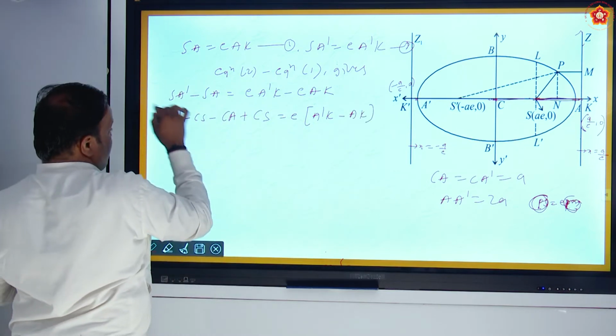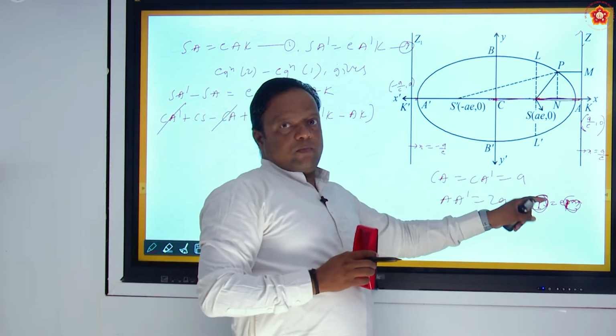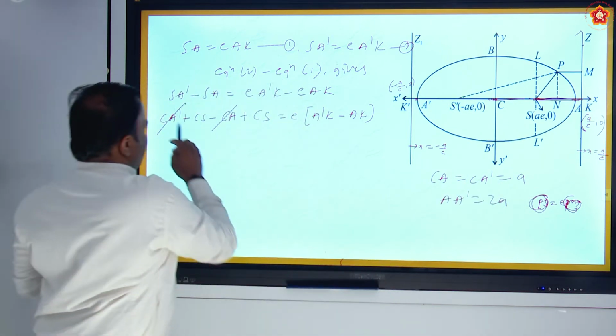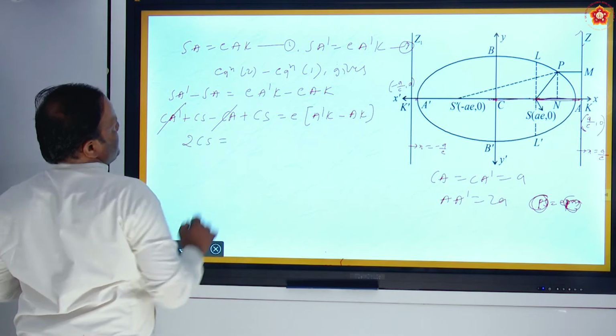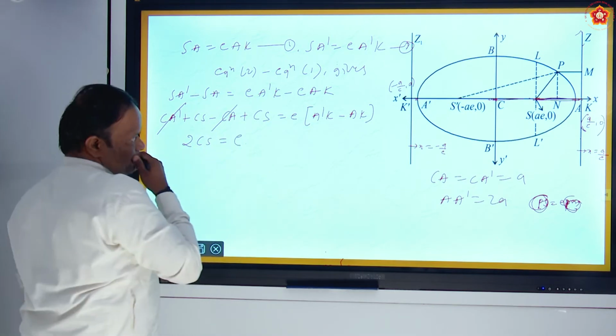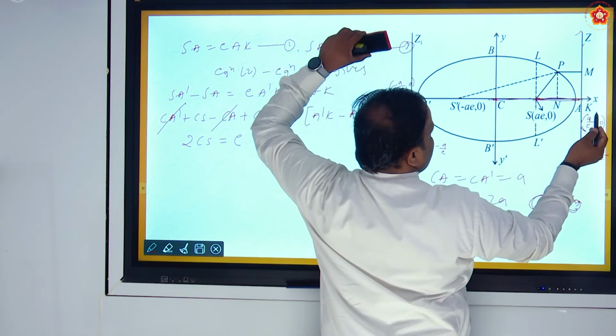Once again, CA dash and CA get cancelled because both are the same, equal to A. Suppose you write A here, plus A minus A get cancelled. CS plus CS is 2CS, equal to E common, A dash K minus AK. Where is A dash?